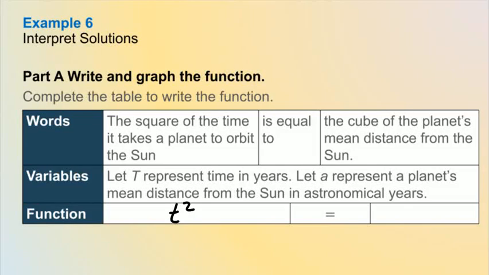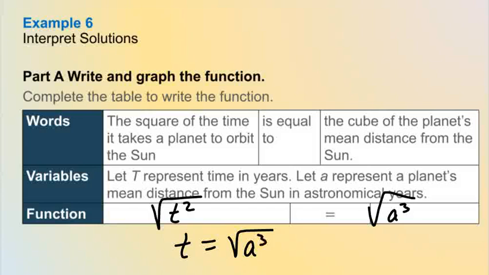So this would be a cubed. Now, if we want to solve for time, I would just have to find the square root of both sides, and that would give us t equals the square root of a cubed. Or you could also write it as a to the 3 halves power. Either way would be an appropriate answer.